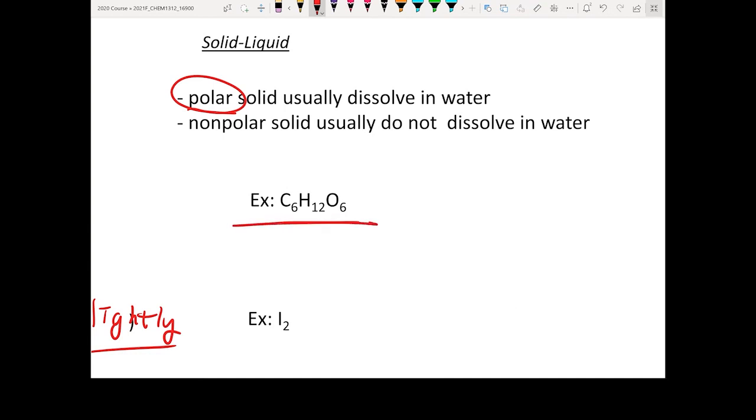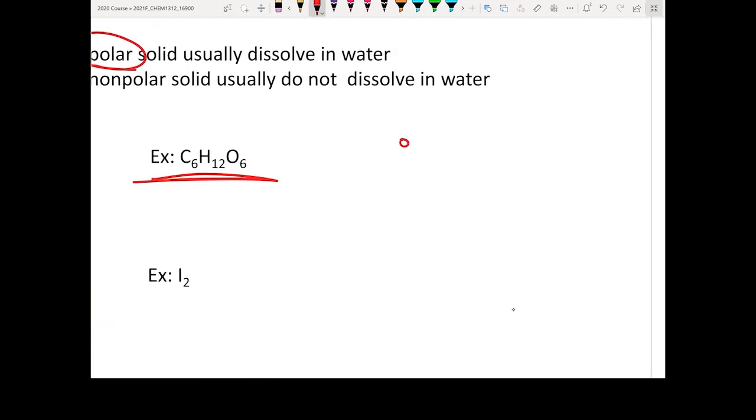For example, this guy, what's this? Sugar. Very good. Do you know the structure? Assuming you know the structure, it's very easy to answer the question.